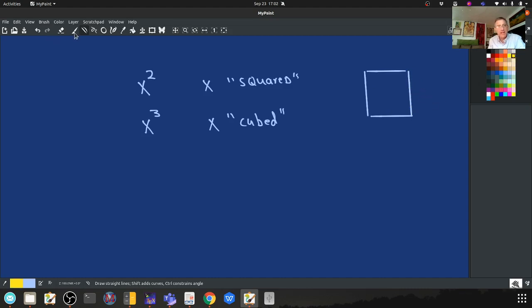So if this side measures x and this side measures x, then when I fill in, I'm connecting these here. So when I fill in the space here, I get the area. And this area right here is the area of a square, and it's equal to x times x, which is x squared.